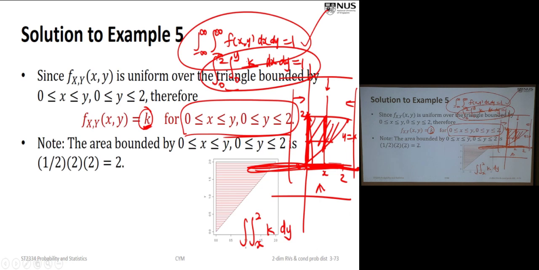So now x is from 0 to 2. Okay? So the lesson is you can do it either way, integrate x first or integrate y first. Hopefully you know how to set up the limits properly for integrating x first or y first. You should get the same answer.